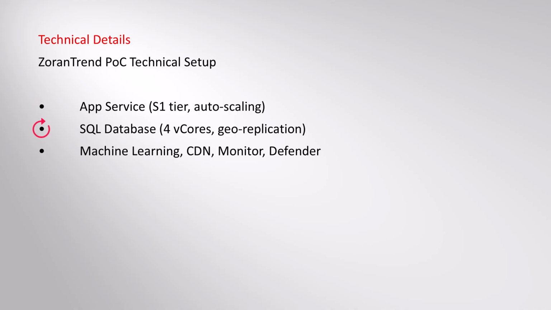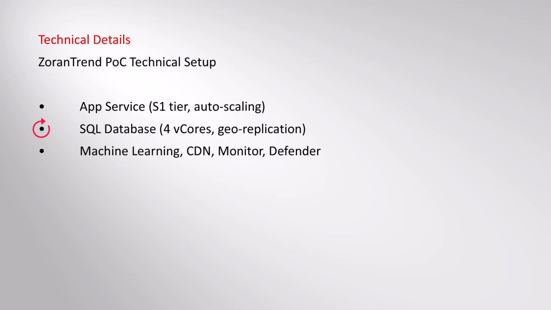The database, hosted on Azure SQL Database's general purpose tier with 4 vCores and 100 gigabytes, uses geo-replication between EU West and EU North to achieve 99.9% uptime and transparent data encryption for GDPR compliance.